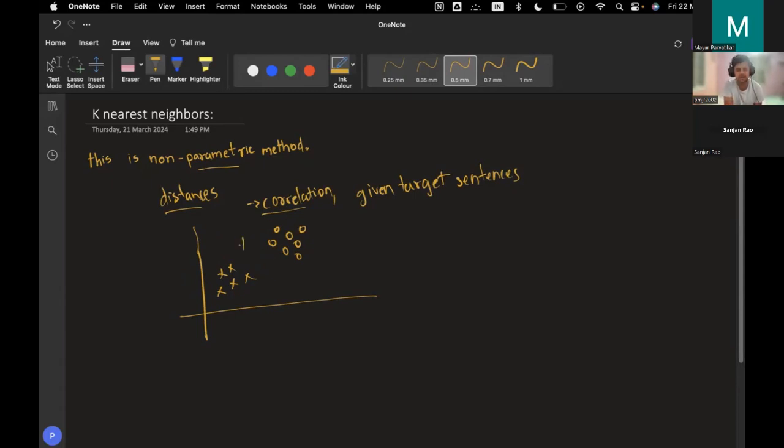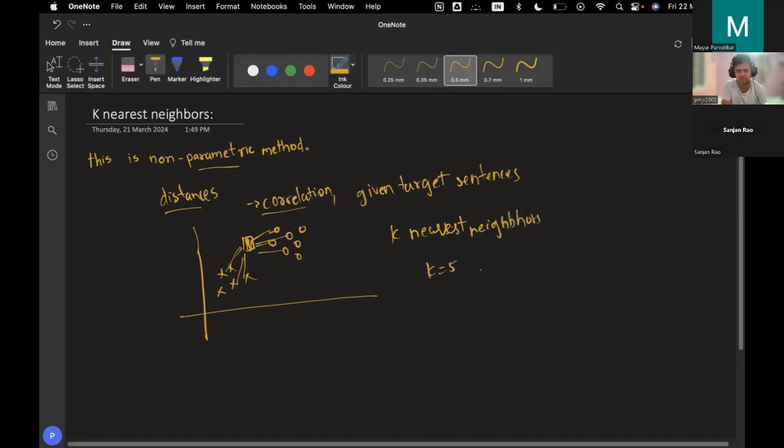If we have a target sentence like this, the distance from all these points is calculated. The distances to the non-hyperbolic sentences are also calculated, and they are sorted, and the k nearest points are taken. K in our case is 5. If you see the code, k is equal to 5 in our case. These k nearest neighbors are taken, and the voting is done.